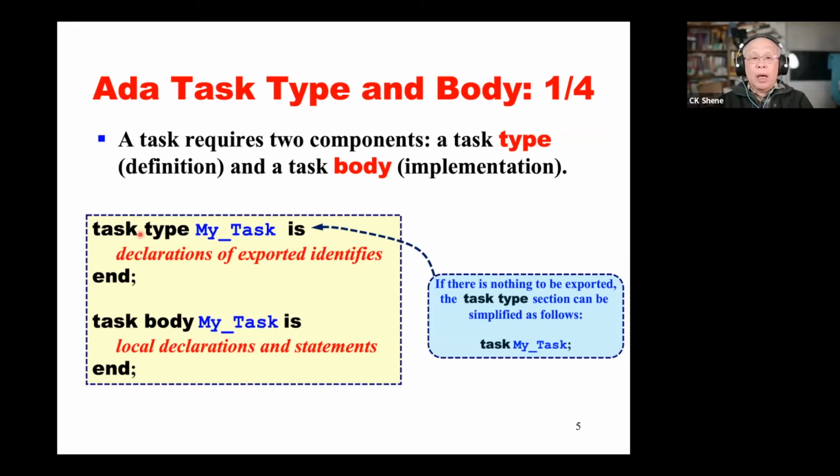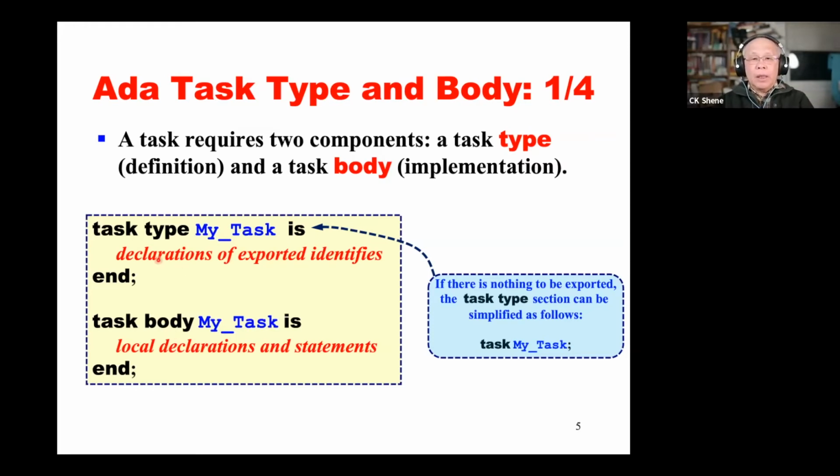So the task type indicates what identifiers the external world must know in order to communicate with my task. So the task body of my task is, followed by some local declarations and executable statements, followed by end. So we have definition and the implementation.